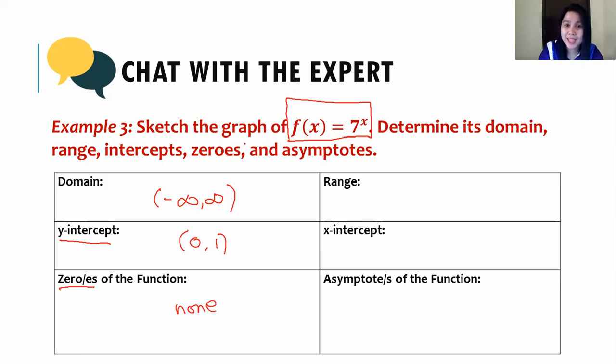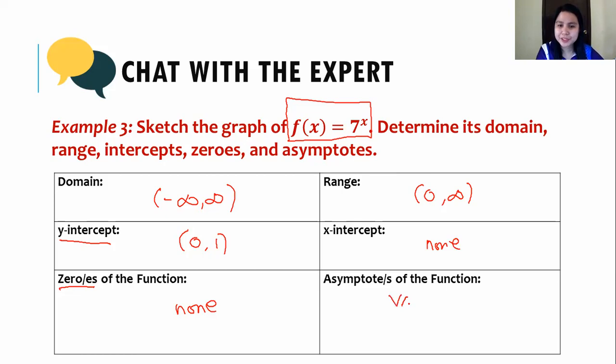Next, what's the range of the function? Very good. It's all positive numbers. Next, what's our x-intercept? Very good. There's no x-intercept.